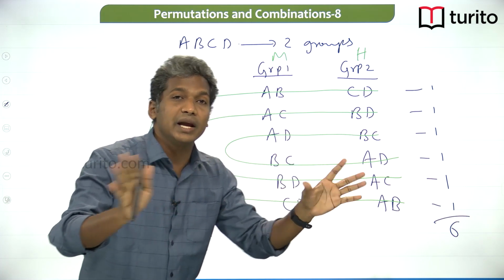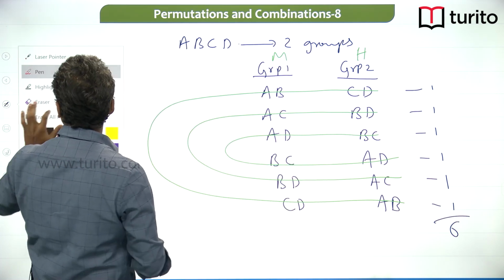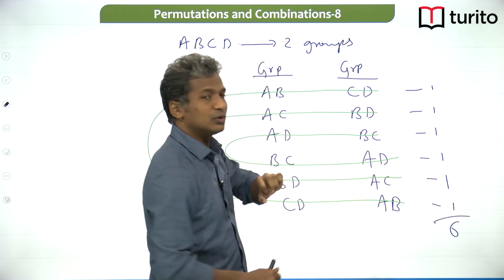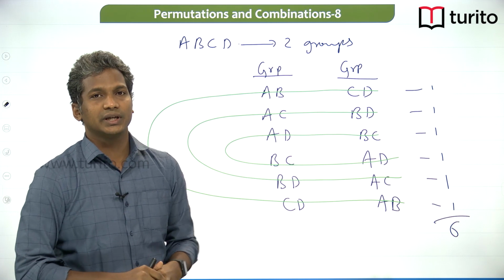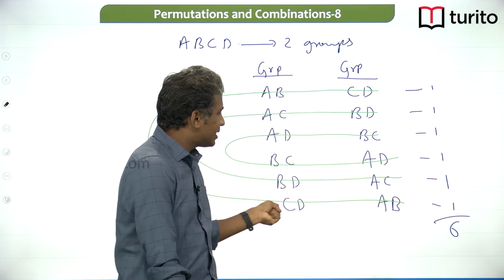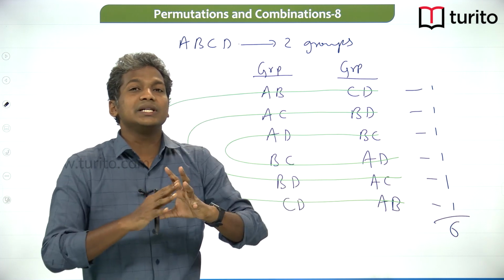Let us say there is no name here. So, when there is no name and when there is no number also for groups, let us say group 1, group 2, that number is also not there, then AB coming here, CD coming here, or CD coming here, AB coming here is actually same.